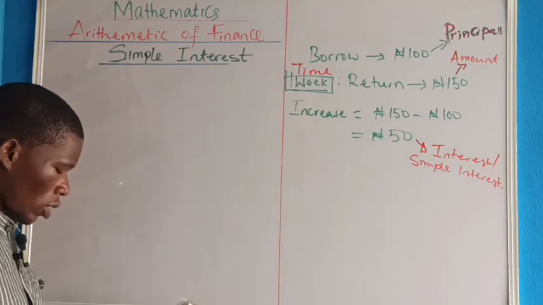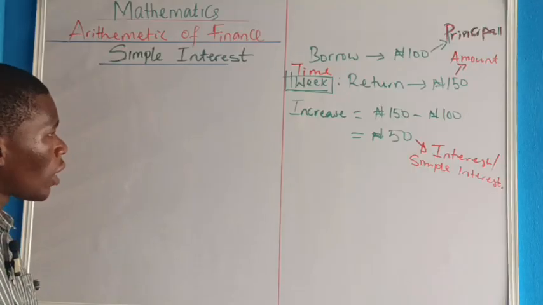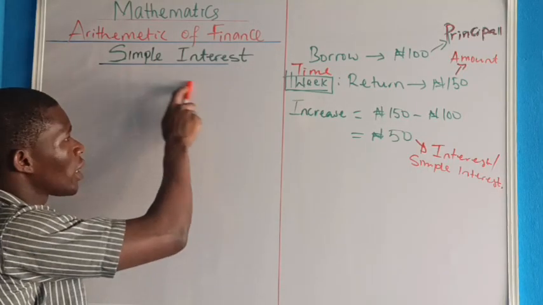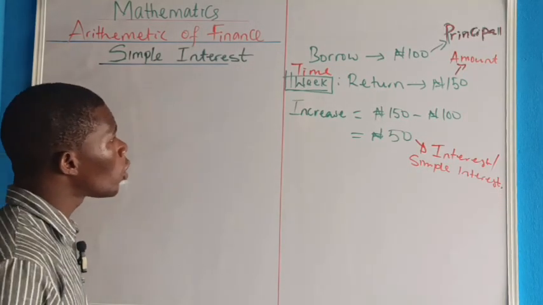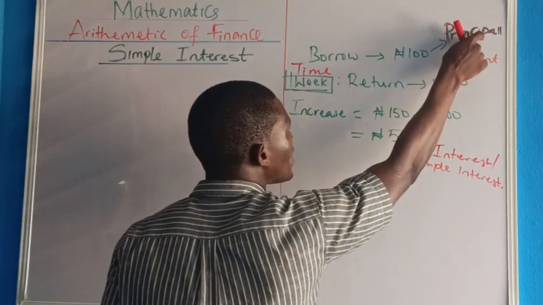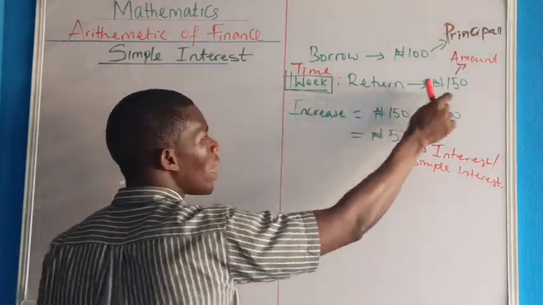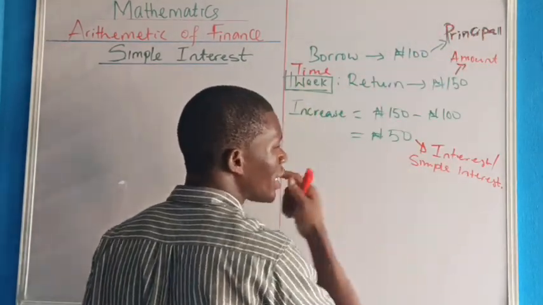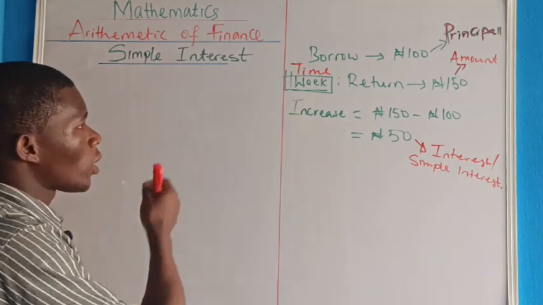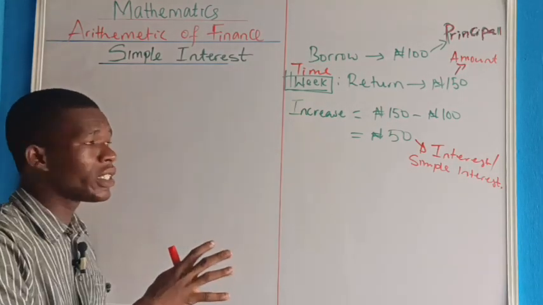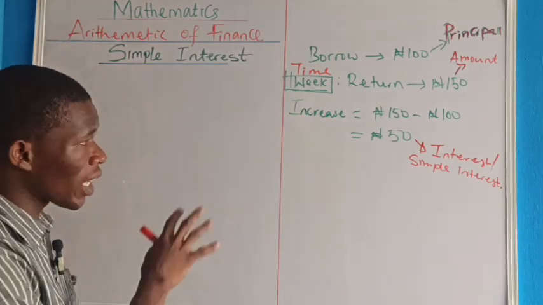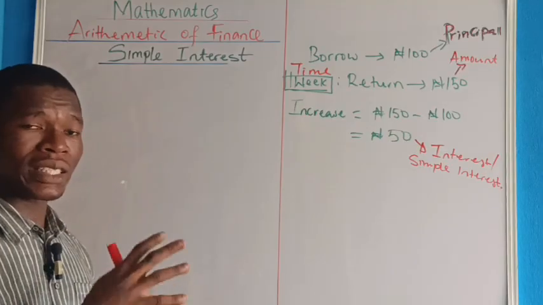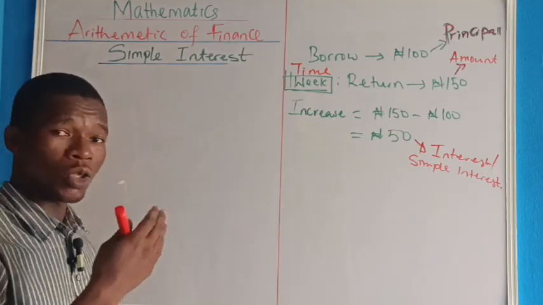So these are the terms that we discuss under this concept of simple interest. You have to know what we call the principal, time, amount, and the interest itself. With this analogy, I think you should have an idea of what we are talking about.